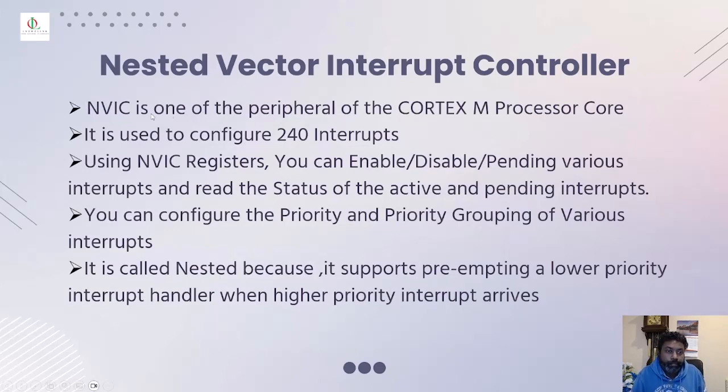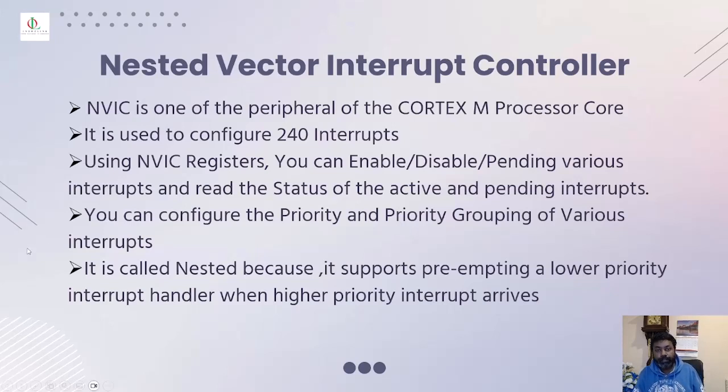As you can see, NVIC is one of the peripherals of the Cortex M processor core. It is used to configure 240 interrupts. Using these registers, you can enable or disable, or you can set pending interrupts and read the status of whether it's an active or a pending interrupt. You can also configure the priority and priority group of various interrupts.